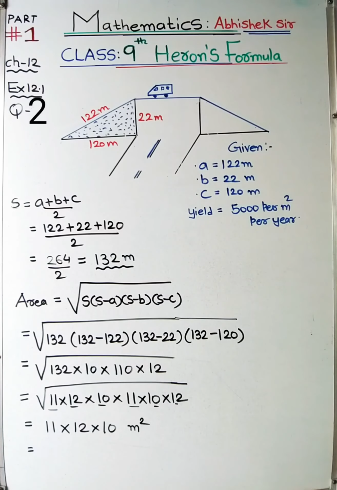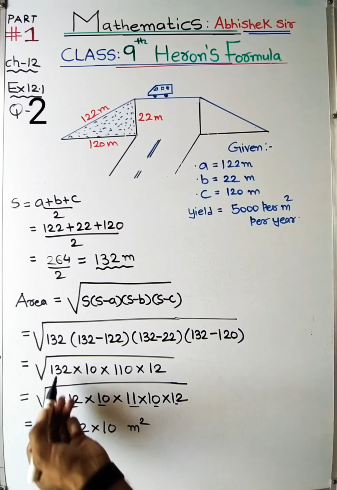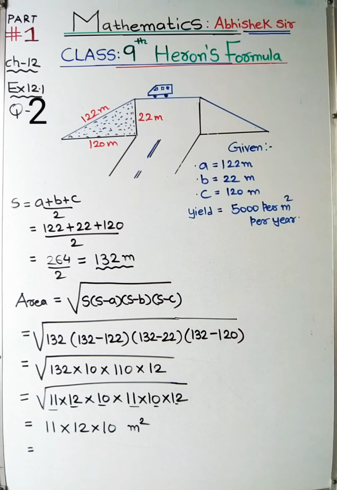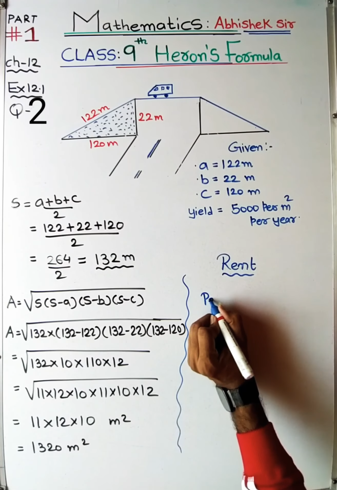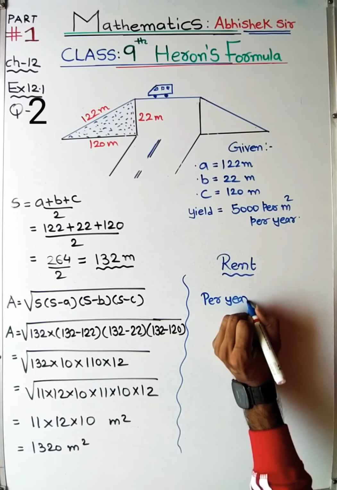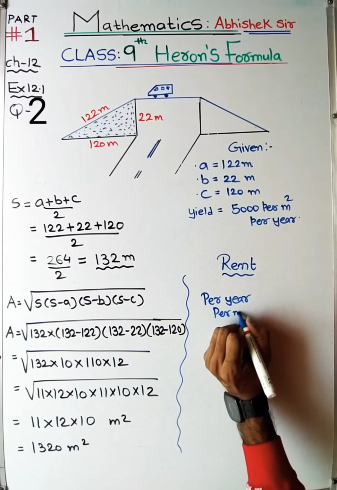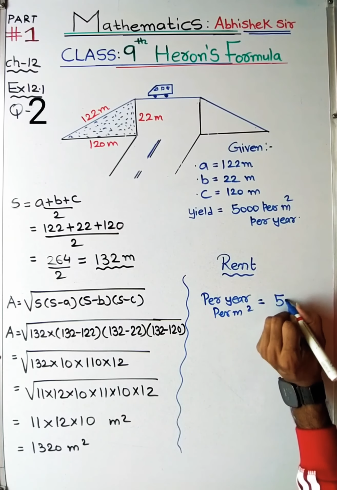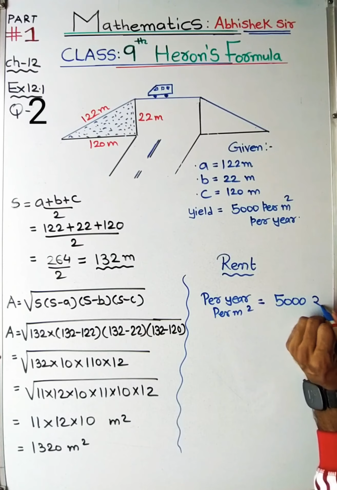Clear? So now just multiply 11 into 12. Again, this is already given, 132, and 132 into 10 is 1320 meter square. Per year, per meter square, it was 5000 rupees.